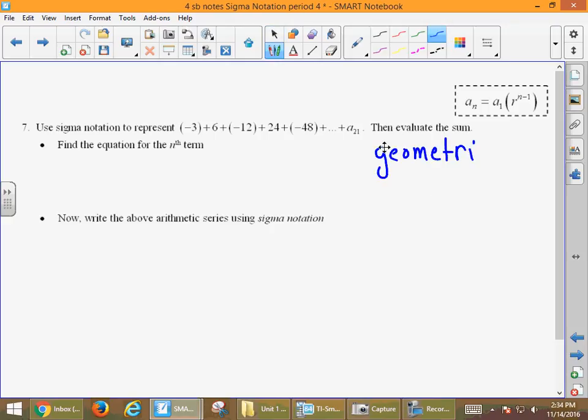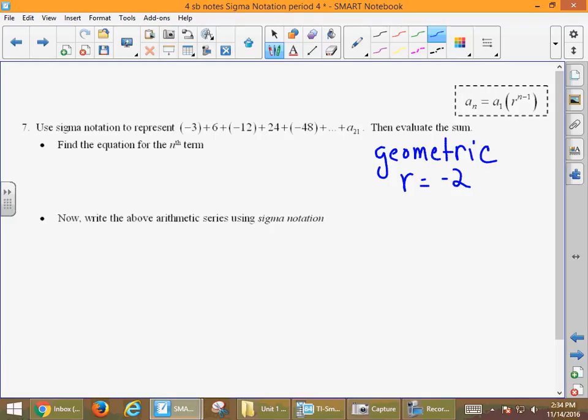series. And with a geometric series, in this case, we see that our common ratio is -2. We took 6 divided by -3 is -2. -12 divided by 6 is -2. 24 divided by -12 is -2, and so forth. And what we really also need to know to do this first part of the problem is, well, what's the first term?